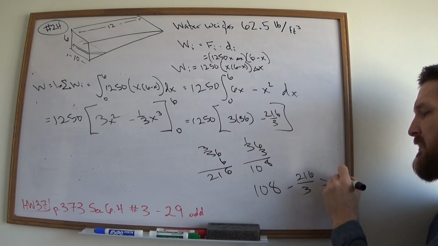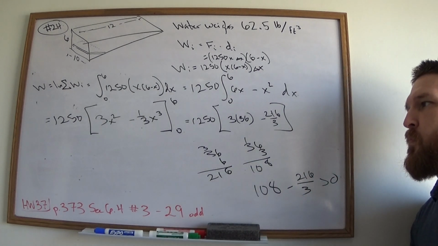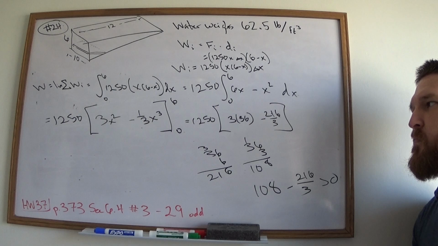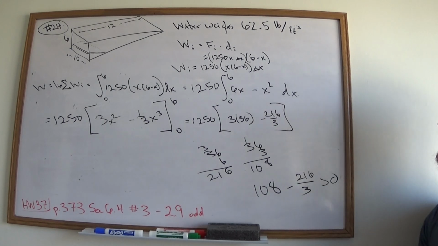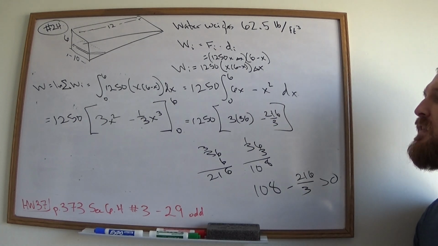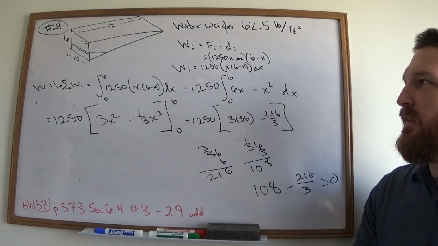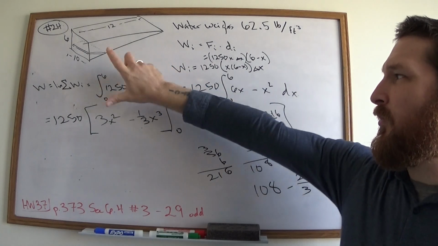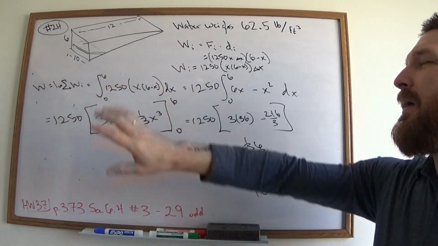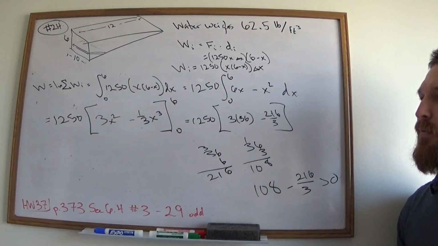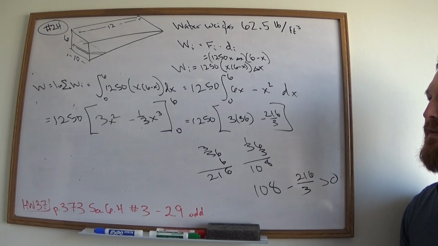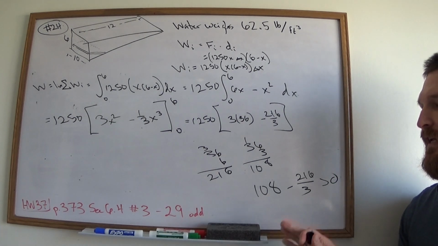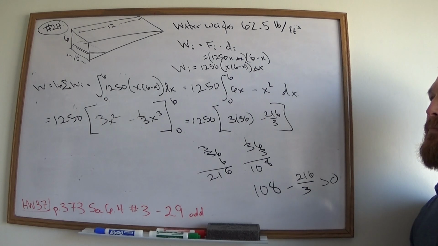So yes, that is a positive number. We're good to go. And if you did get a negative number, then you probably messed something up with your order of integration. You have to be very careful at this point. Let's say we did get a negative number.